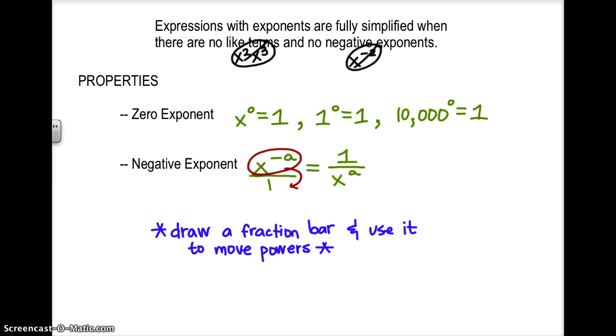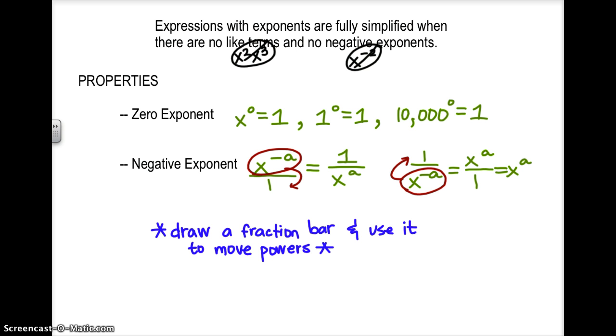Have to move it from the top of the fraction to the bottom of the fraction, or vice versa. If we had 1 over x to the negative a, we bring that to the other side of the fraction. That now goes on top. And of course, we wouldn't actually write that. We would just write x to the a.